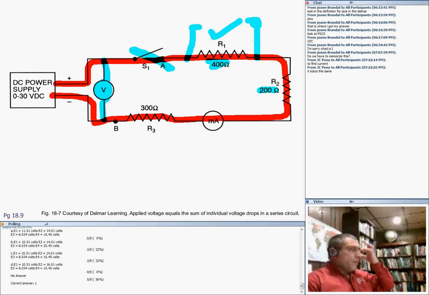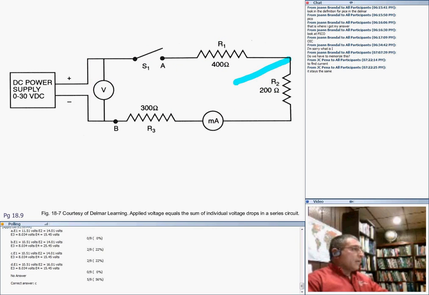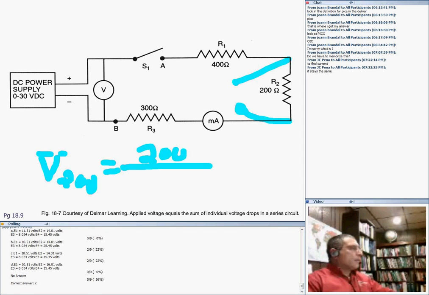If I ask you, the last thing is, what is the voltage across this resistor? Well, the easiest way is to use the voltage divider. You guys remember the voltage divider. Let's do the 200: divide by the total, so 100 plus 200 is 300, plus 400 is 600, plus 300 is 900. Divide by the total, 900, and multiply by, let's set the source at 30 volts, by 30.